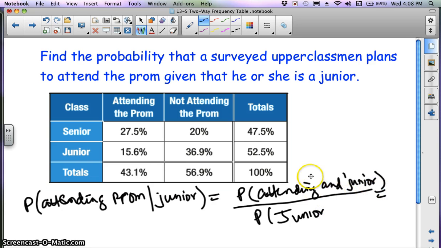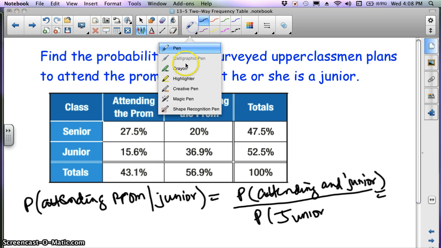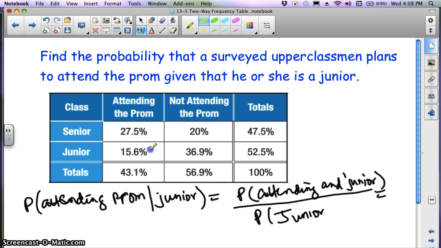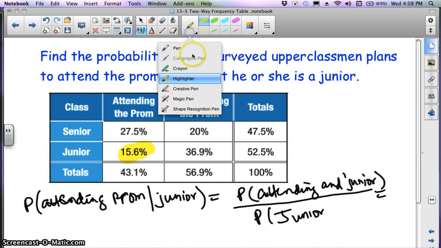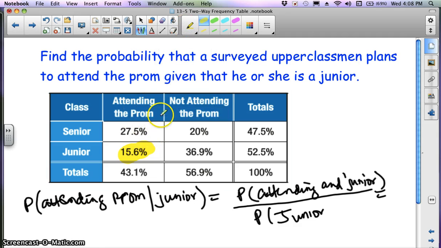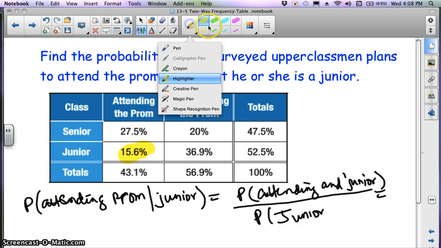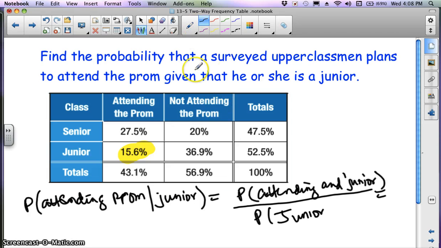Okay, so we're looking at attending and the junior. So right here, we're going to look at attending and a junior. So we're going to look at this joint probability. Okay, and then here, out of the total of juniors.